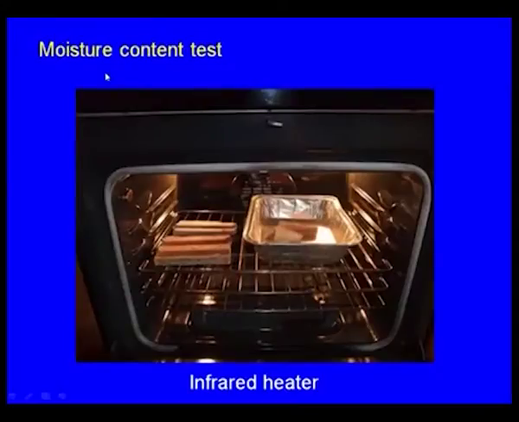So, how to measure the moisture content in the moulding sand? This moisture content can be measured using an infrared heater. We can see here this is an infrared heater, and here we can place the sand specimen. When you keep the container with the green sand inside this infrared heater, after a few minutes the moisture will be dried out.